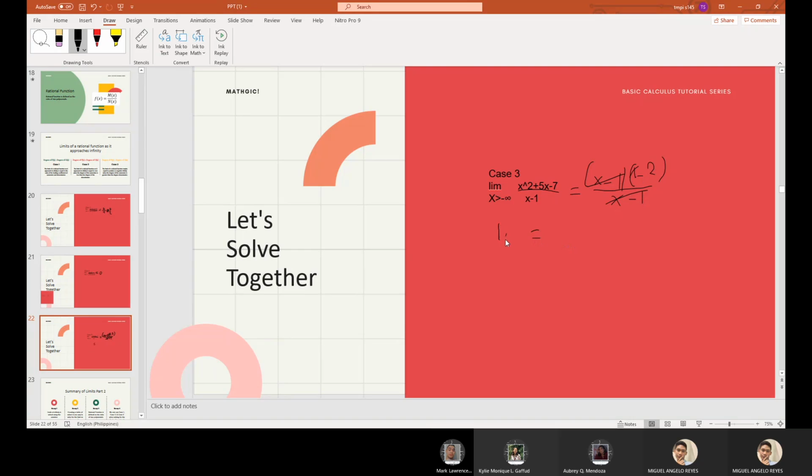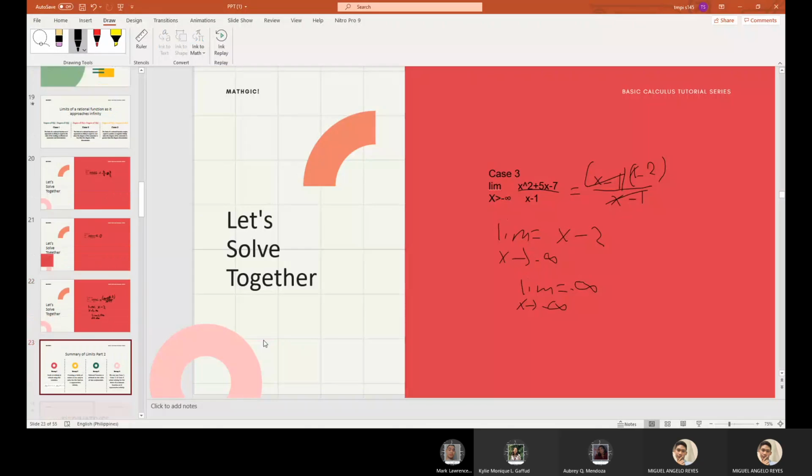So the limit of x minus 2 as x approaches negative infinity, the final answer is gonna be the limit of x as x approaches negative infinity is equal to negative infinity.